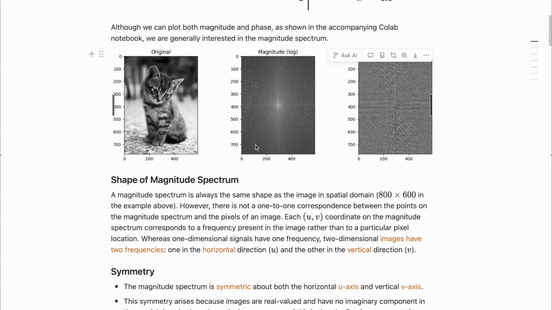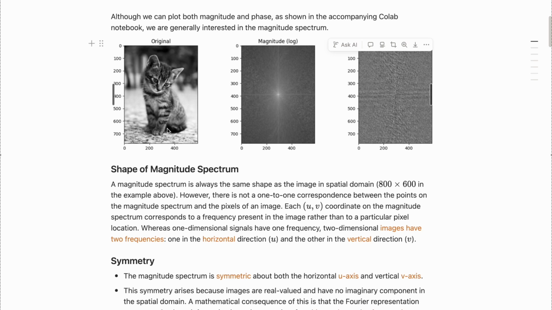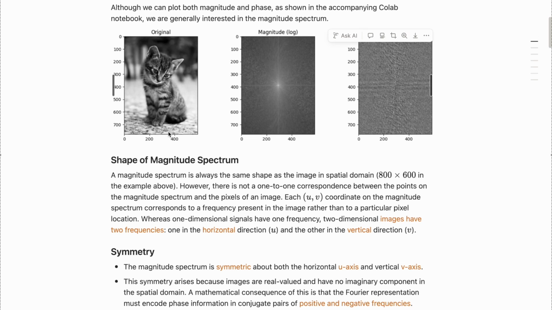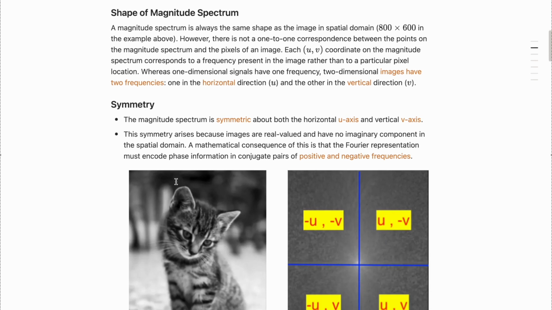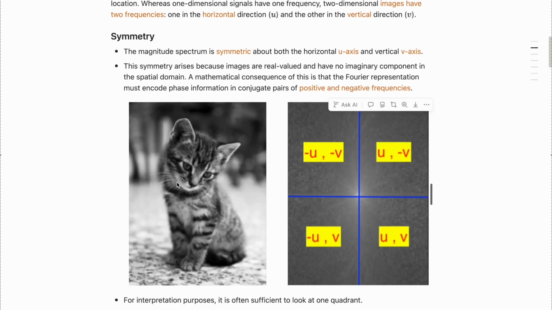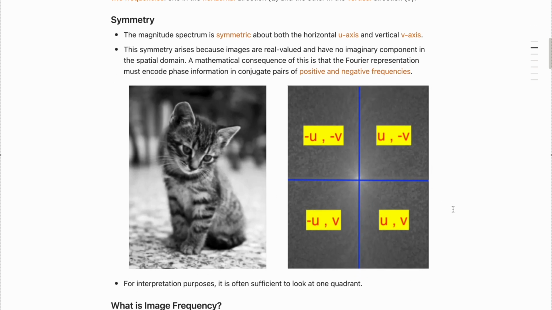Rather, each UV point on the magnitude spectrum corresponds to a particular UV horizontal and vertical frequency that is present in the entire image. And that brings us to the question of, well, what is an image frequency? What does it mean?